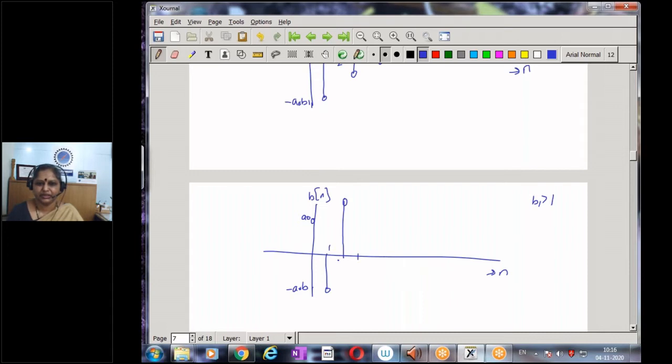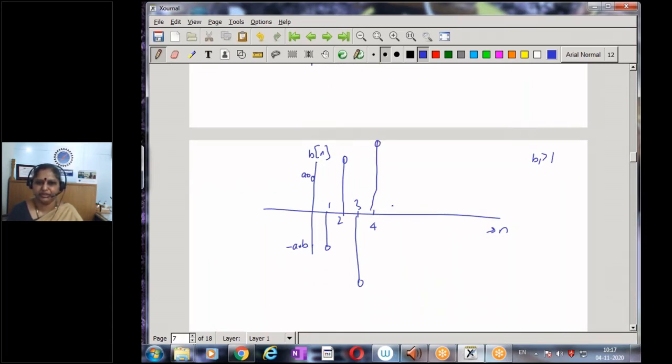Then for n equal to 3, a0 b1 cube, which is even larger, and for n equal to 4 even more so, and for n equal to 5, a0 b1 to the power of 5, it's going to be larger and larger.